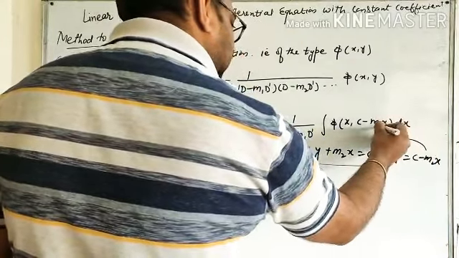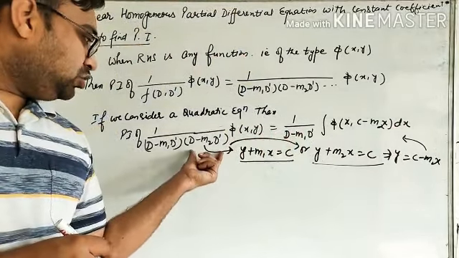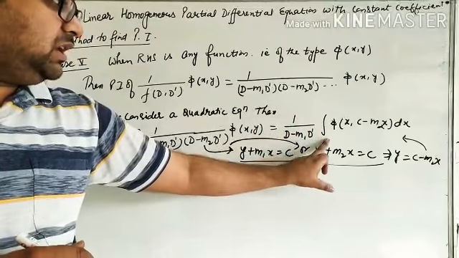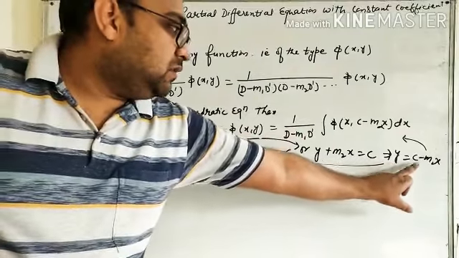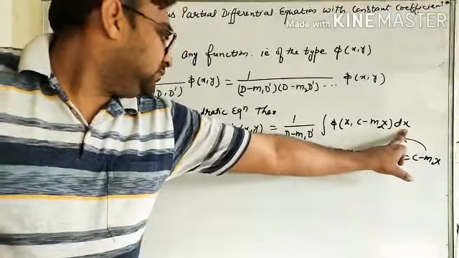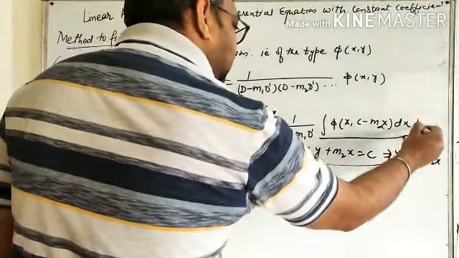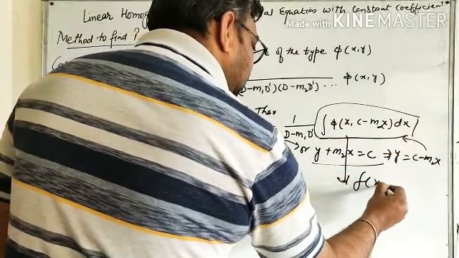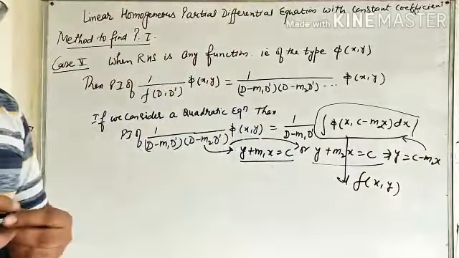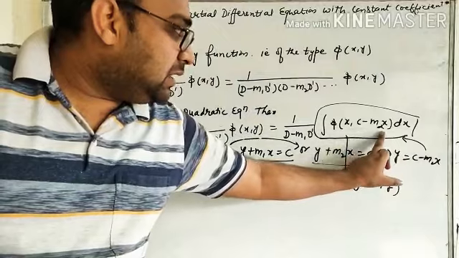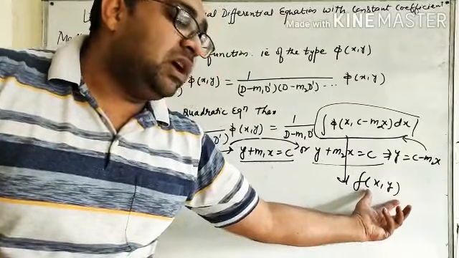So here we retain D minus m1 D' as it is, and solving this, x will be the variable of integration and y will be replaced by y equals c minus m2x, so we integrate phi(x, c minus m2x) dx. On solving this, we get a function f(x, c), a function in terms of x and c, and after solving, we replace c by y plus m2x also.